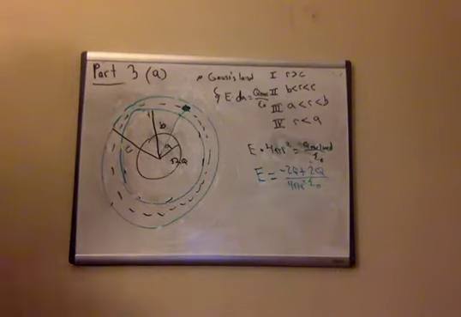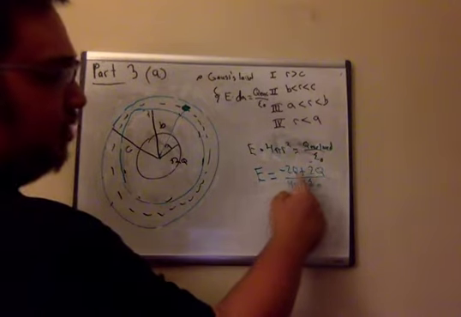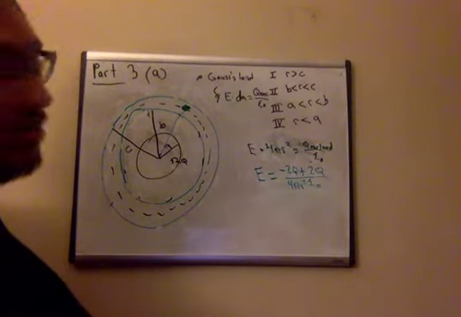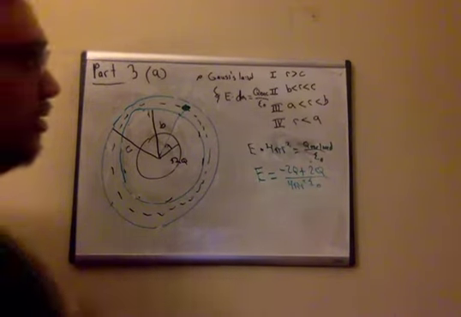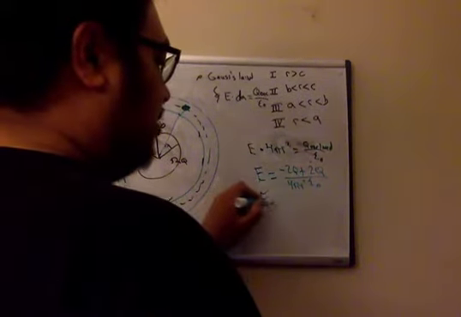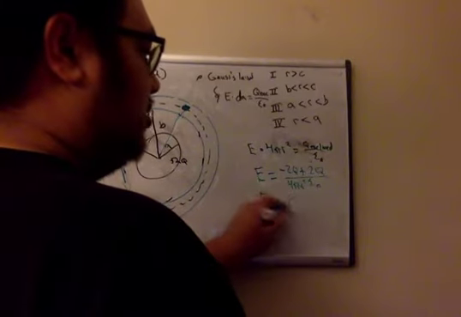If you notice, -2q plus 2q is equal to 0. Zero divided by anything is just going to give you 0. So our E field for part 2 is equal to 0.